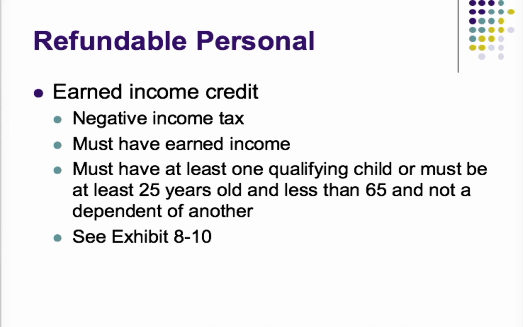Then we move on to the refundable personal credit category. Obviously, earned income credit is pretty much the biggest tax credit that is refundable and ends up paying out to lower income people.